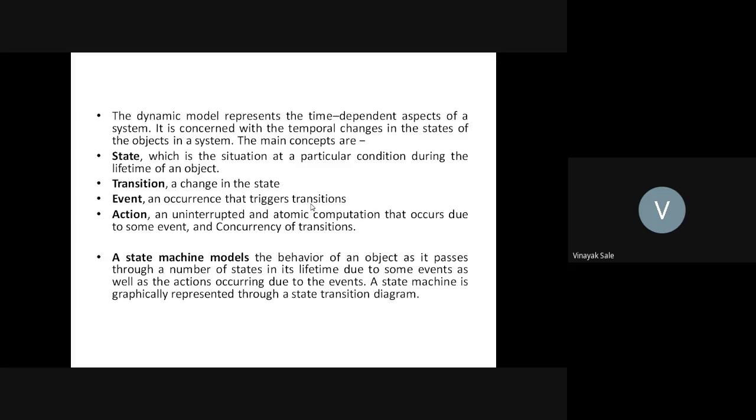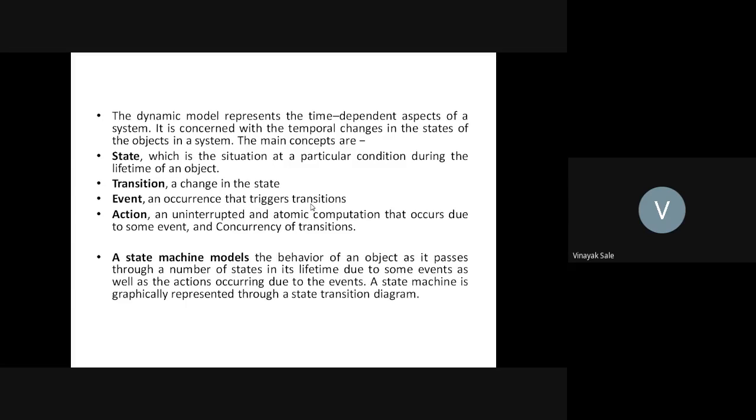If it is okay, that is the transition, then it gives the event, that it will be ringing, that is the action. But if it is not okay, then it does not change its state and it does not give any action.